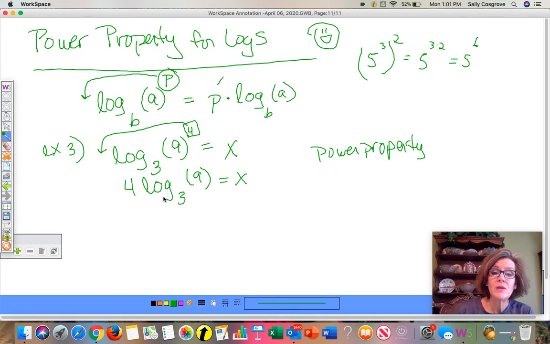Well, we do know that if my base and my argument are the same, then my value is my exponent up here. So then the question is, well, could I use this power property in conjunction with the log of the exponent rule?